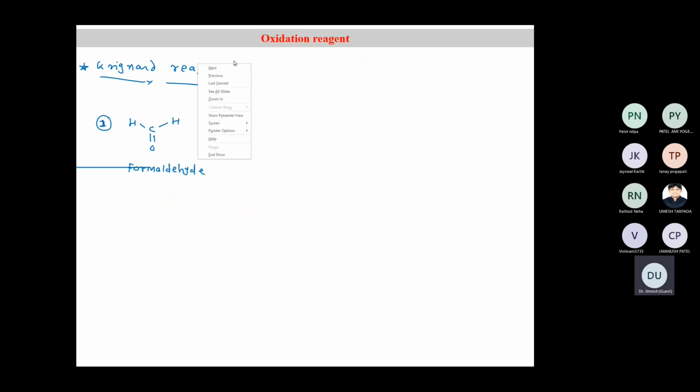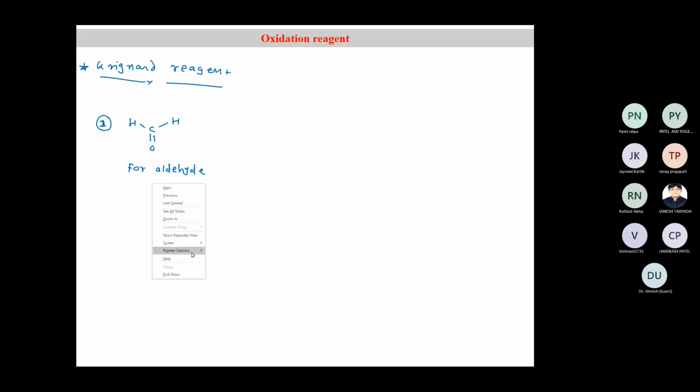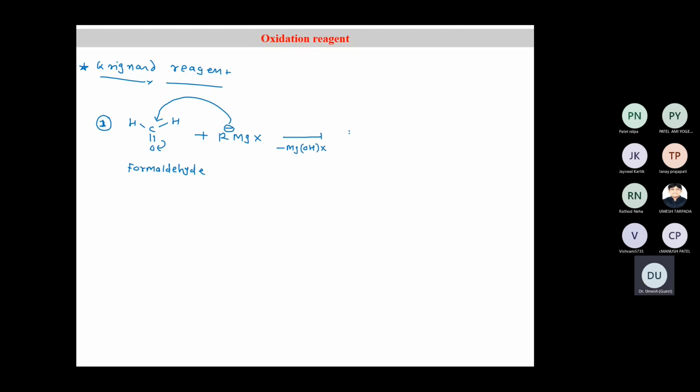Formaldehyde will give you primary alcohol. When it reacts with RMgX, then R minus is added here, this is converted to OH, and you get RCH2OH, that is primary alcohol.